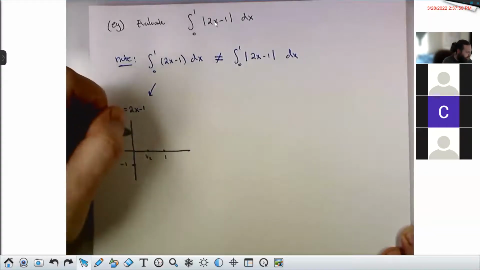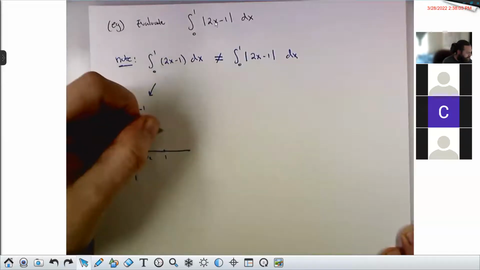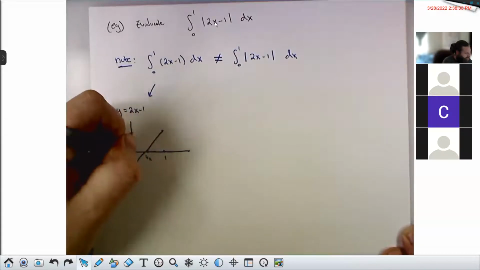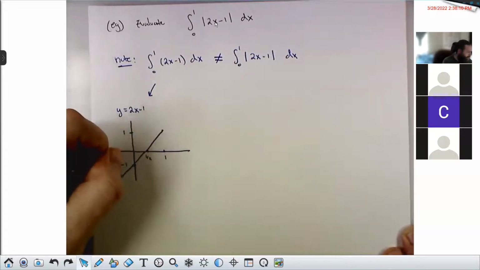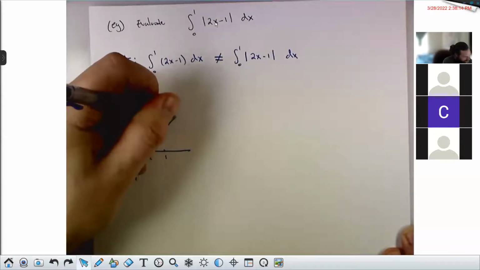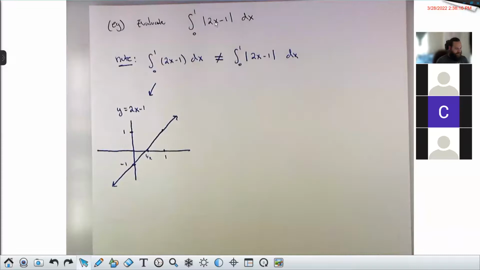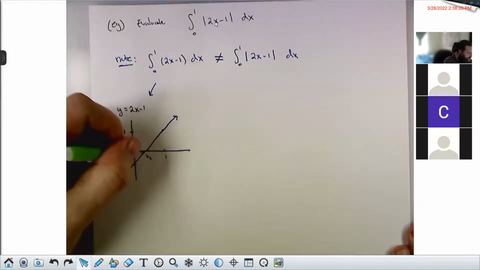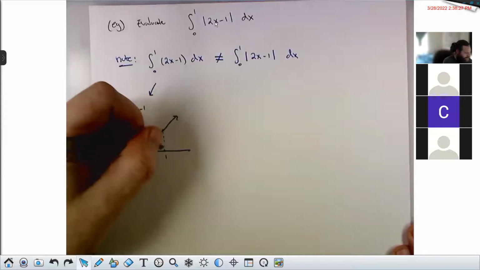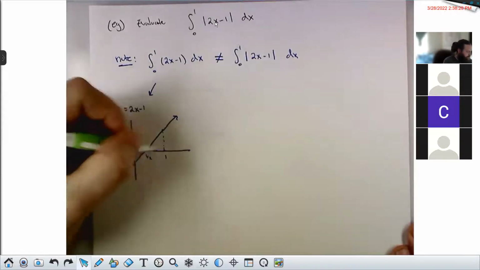And by the time we get to 1, we're up here at 2. So the integral without the absolute values is going to be measuring this area down here as negative, and this area up here as positive.